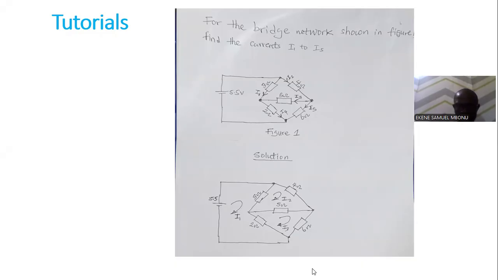So what do we do? We want to apply Kirchhoff's voltage law, which says that the algebraic sum of voltages about a loop is equal to 0. So we translate this circuit into 3 loops. This is the first loop. This is the second loop.